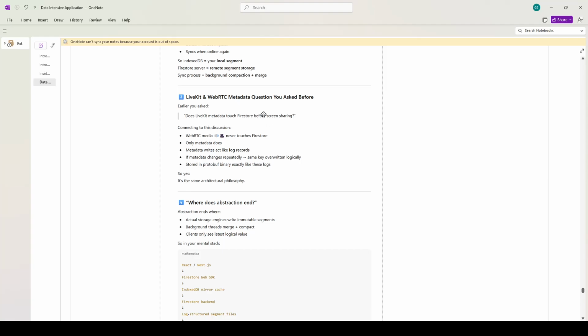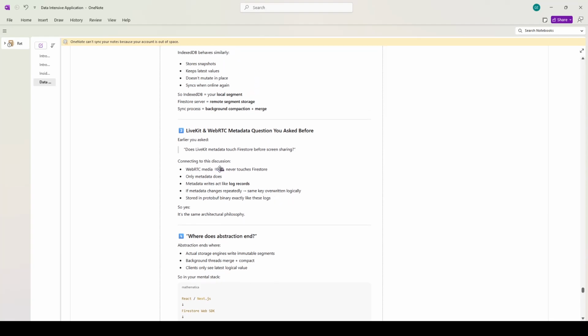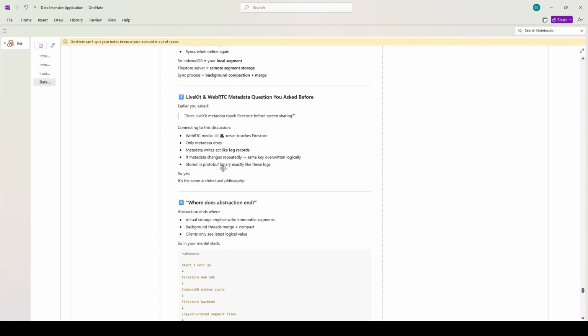LiveKit and WebRTC metadata question. Does LiveKit metadata touch Firestore before screen sharing? Connecting to this discussion, WebRTC media never touches Firestore. Only metadata does. Metadata writes act like log records. If metadata changes repeatedly, the same key is overwritten logically, stored in protobuf binary exactly like these logs.